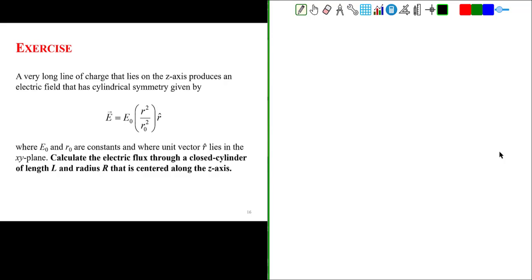Well, this says we have a very long line of charge that lies on the z-axis. Let's illustrate that on an xyz coordinate system. The z-axis will be vertical, the y-axis will be horizontal, and the x-axis will be coming out at us.